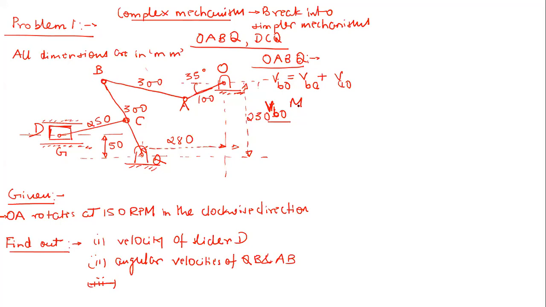No, sir. No, right? Is it known in direction? Just think about this. It will be perpendicular to AB. Perpendicular to AB. So that is VBA, but I'm talking about VBO. No, sir. Direction is not also known. Okay. So is there any way to figure out the direction of this velocity of point B?